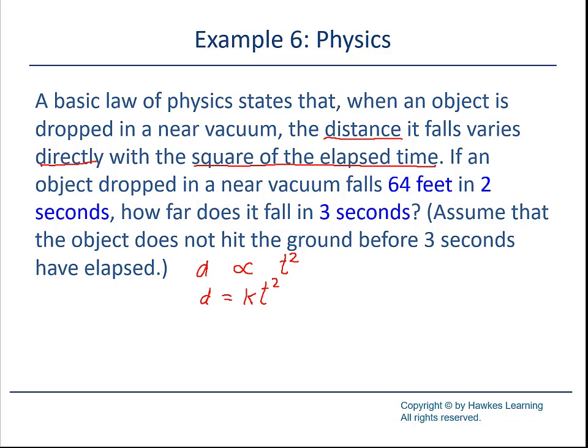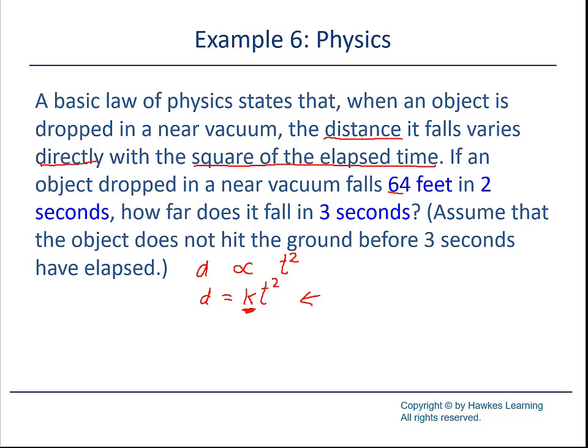So this is your equation, except that you don't know what K is yet. Now the good part is that you want that equation, and you're also given some more information.